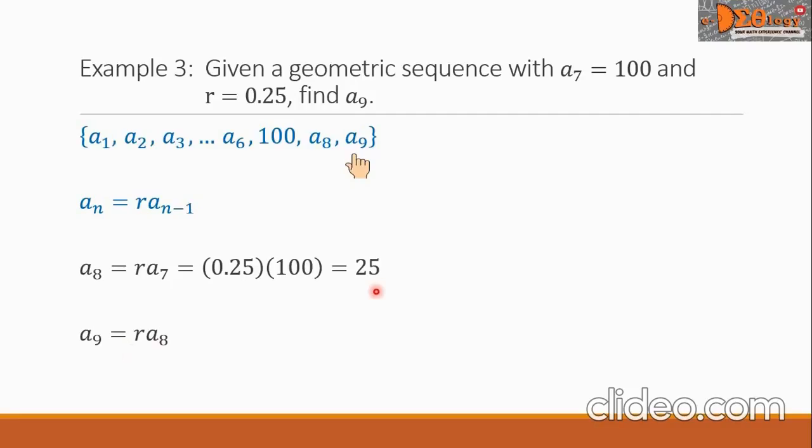Substituting the values now, the r is the common ratio, that is 0.25 times a sub 8, and this is the 25. The product here is 6.25. This is our a sub 9, and this is our final answer.